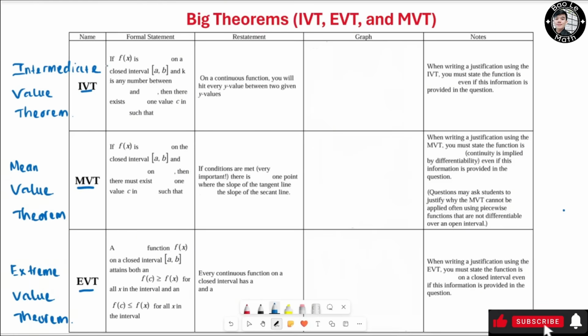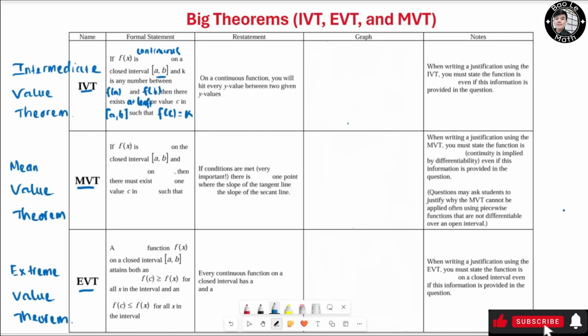Now for the IVT, if the function f of s is continuous on a closed interval a, b, and k is any number between f of a and f of b, then there exists at least one value c in the closed interval a, b, such that f of c equals k.